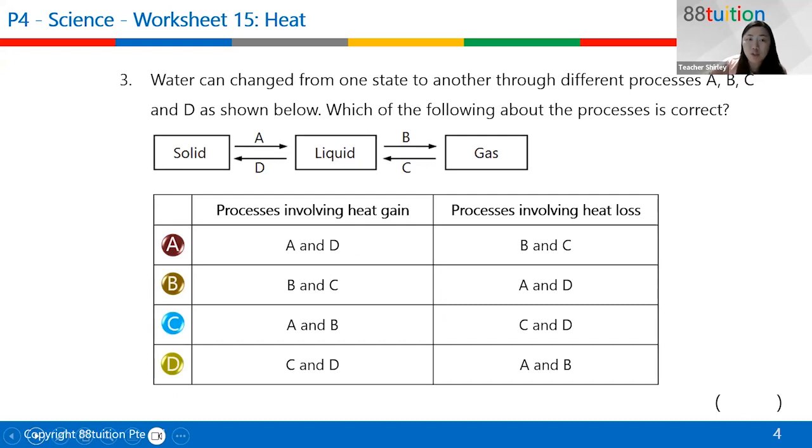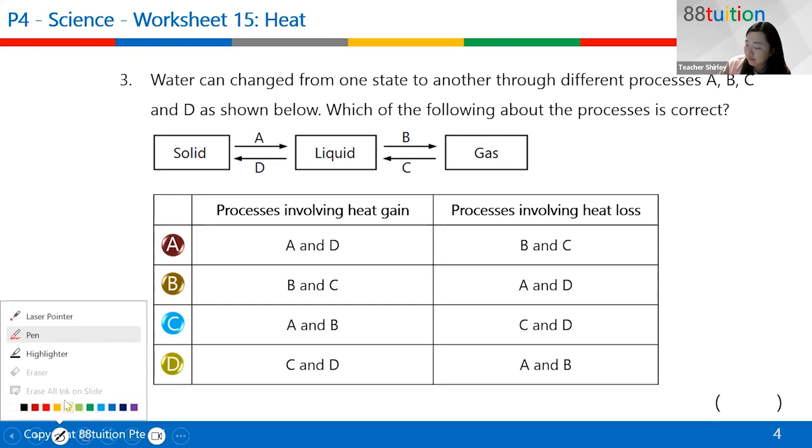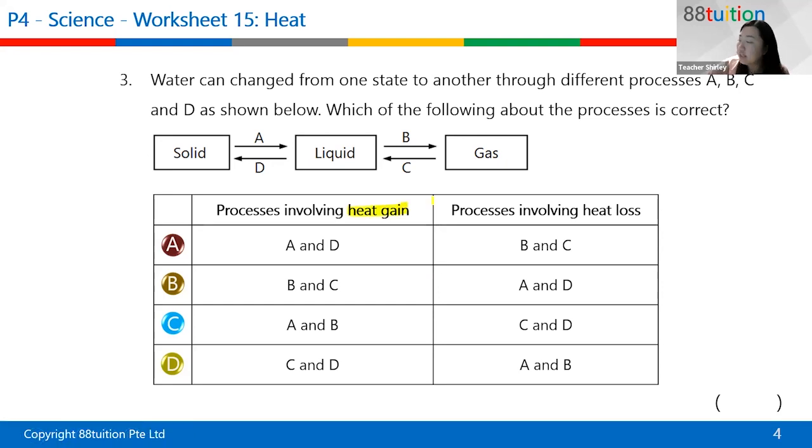Okay. Question 3, water can change from one state to another through different processes A, B, C, and D. Which of the following about the processes is correct? Now, we are talking about heat gain and heat loss, okay? So actually, from solid to liquid, the process is melting.